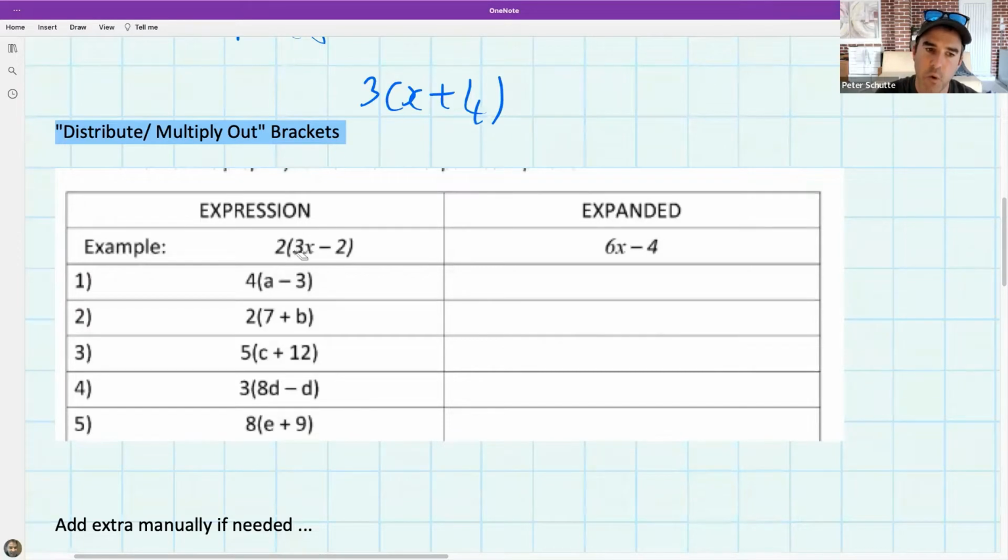Now, in order to expand this, what I often do is I draw a little arrow. And so I go 2 times 3x. And to work out what 2 times 3x is, we would get 6x. Now I can't ignore the minus 2 because the 2 is being multiplied by the minus 2 as well. And then I get minus 4. Does that help a little bit? Yes, sir. Perfect. Cool.